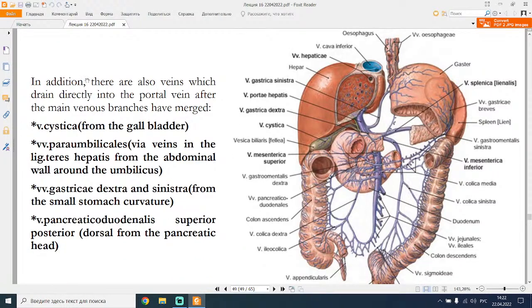In addition, there are also veins which drain directly into the portal vein after the main venous branches have merged.